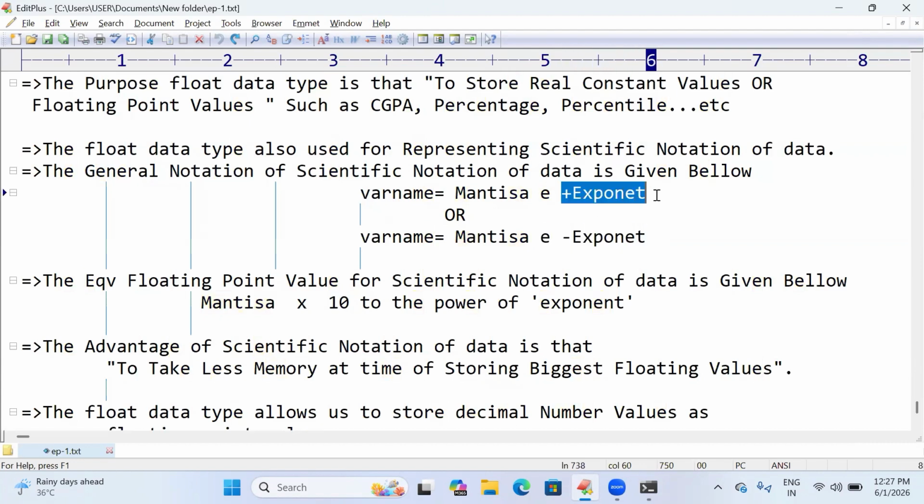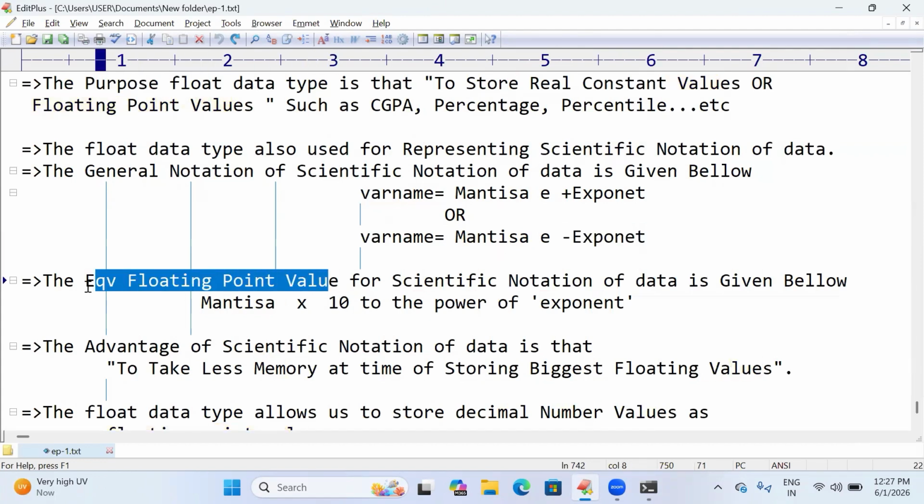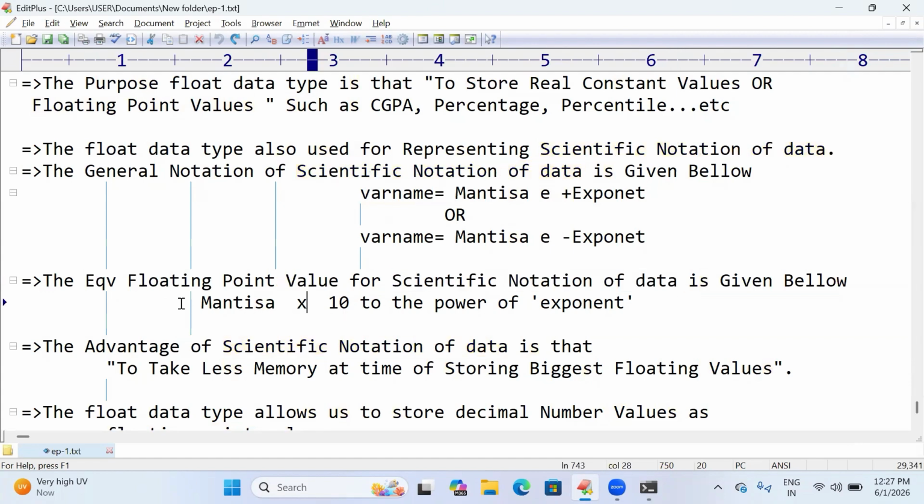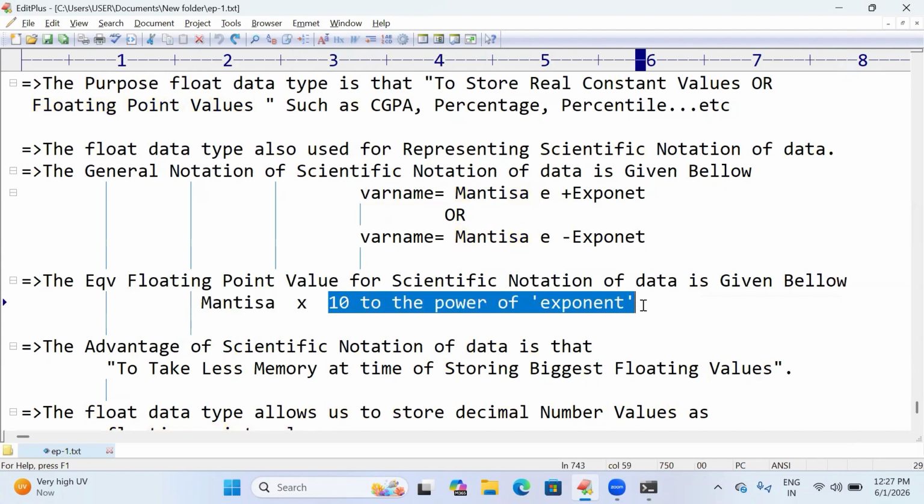So we can use plus exponent and minus exponent also. The equivalent floating point value for this scientific notation is mantissa into 10 to the power of exponent.